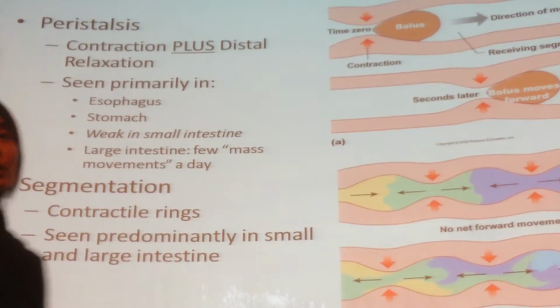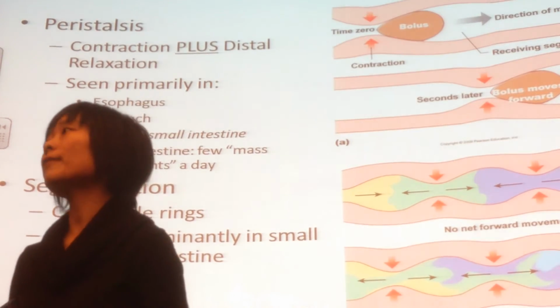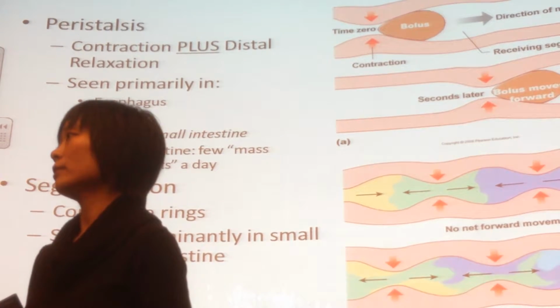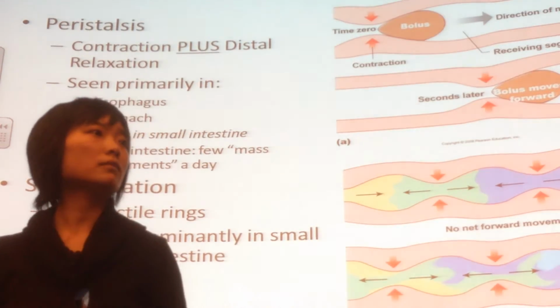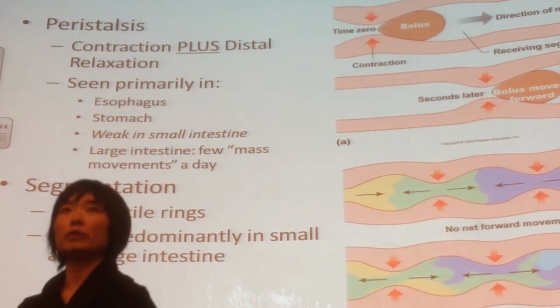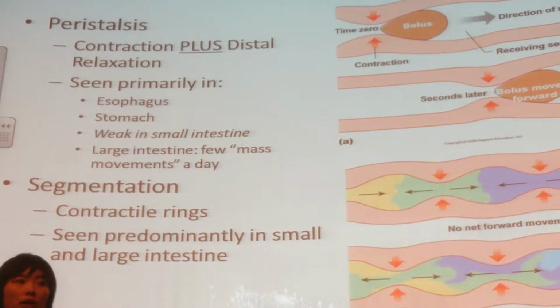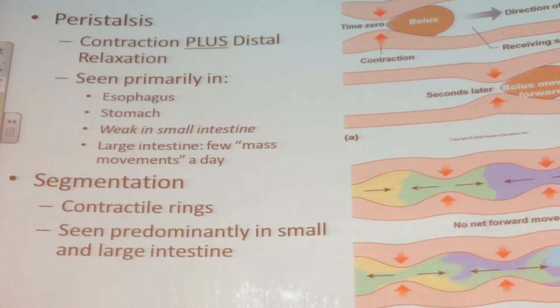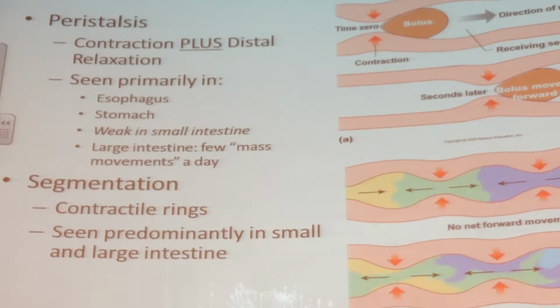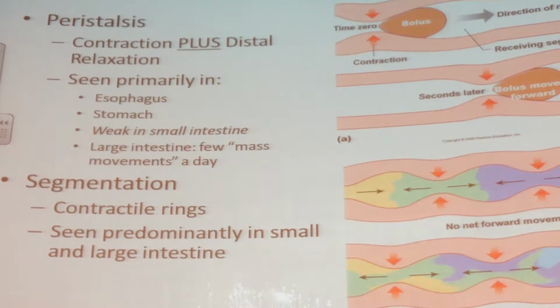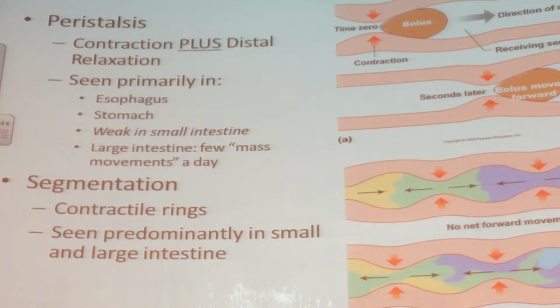Okay, so how about the small intestine? Will you see very strong peristalsis waves there? No. Normally you don't, except for what we call the MMC. So why don't you see very strong peristalsis waves? To me, maybe this is too obvious for you guys, but to me it's fascinating.